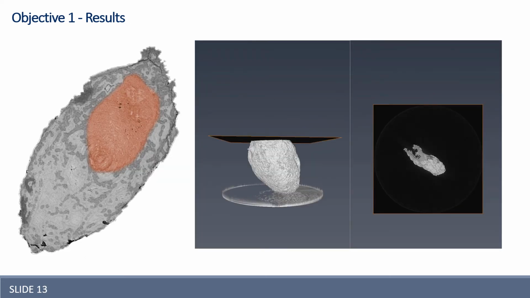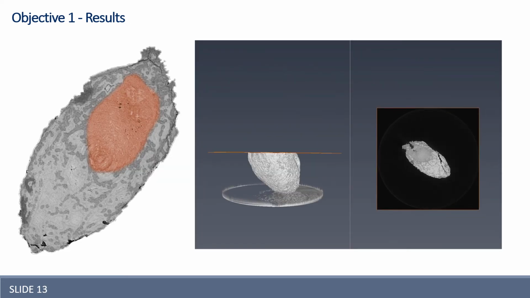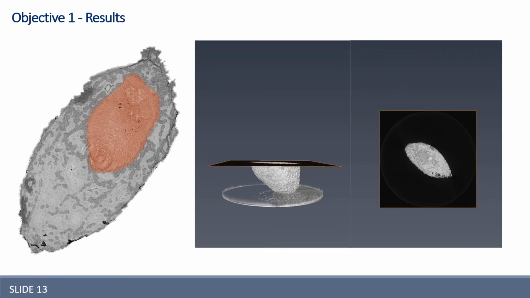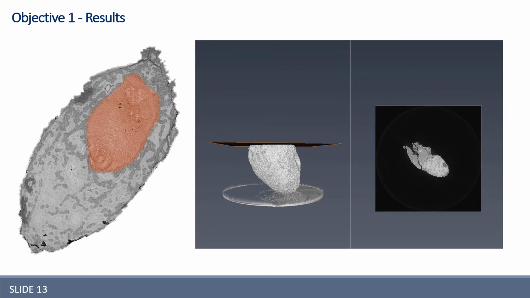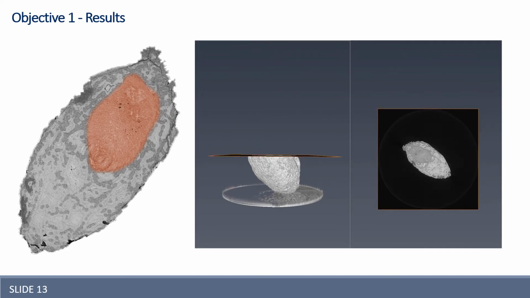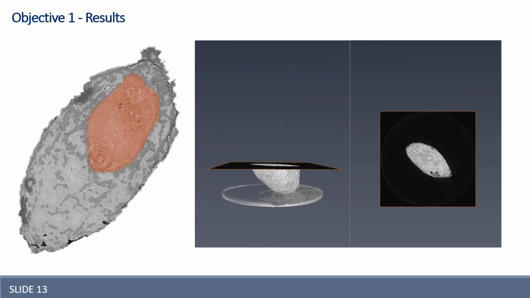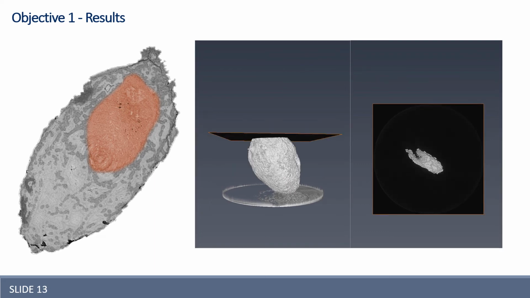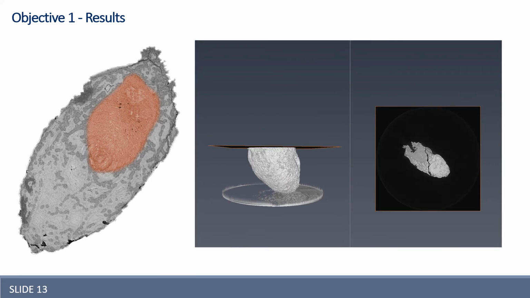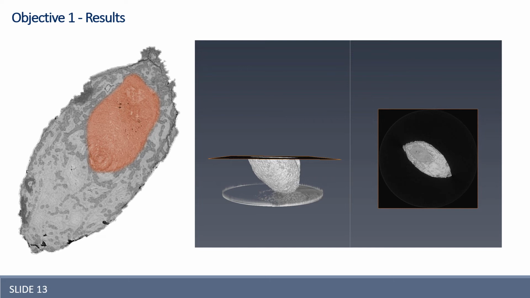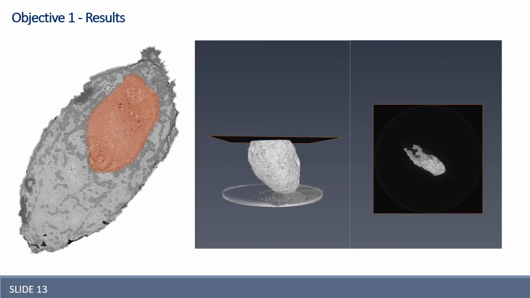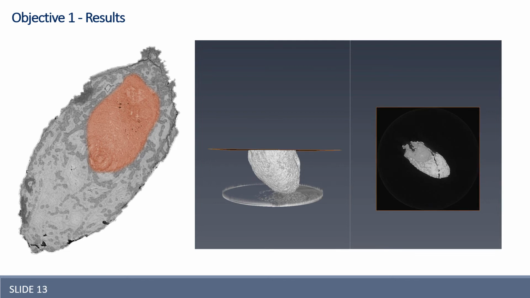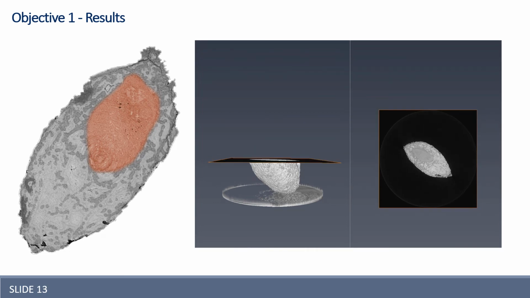When looking at the internal slices, we find a sac-like structure preserved at different phases of mineralization, which in this slide is highlighted in orange. The shape of the structure is regular across some of the specimens, and it suggests that it may represent a biological structure. Furthermore, within the structure, we don't find the patterns of regular crystal arrangement, which are usually indicative of later diagenetic infillment of a hollow cavity.